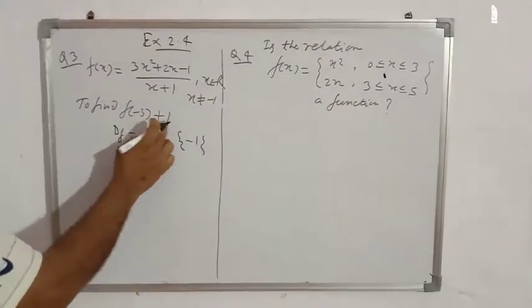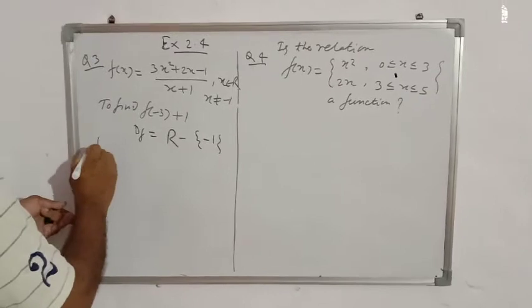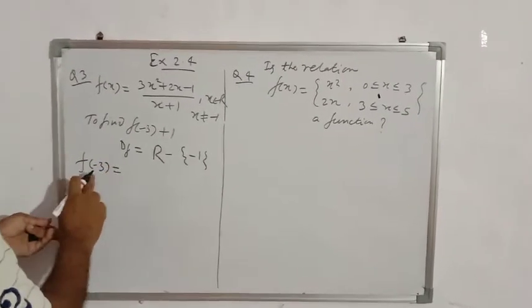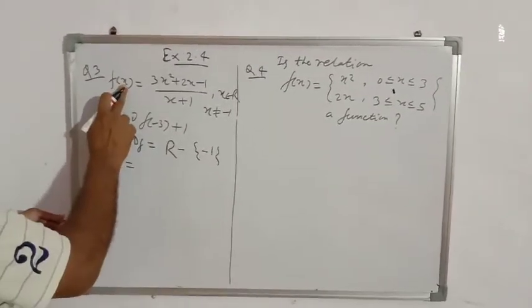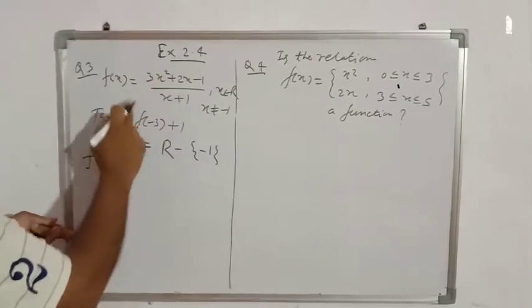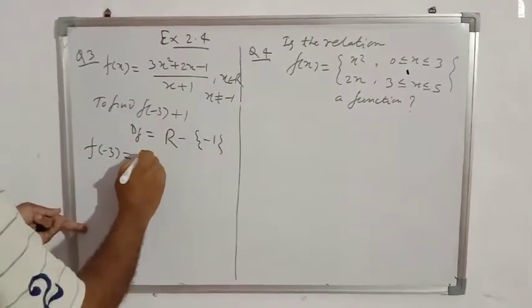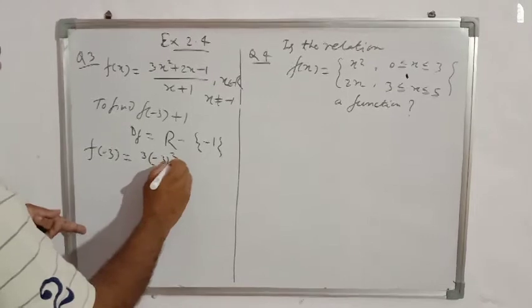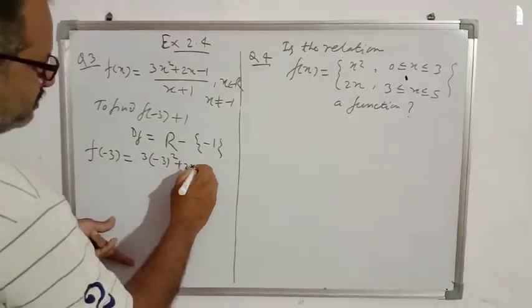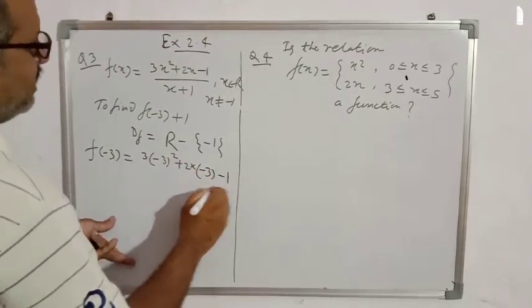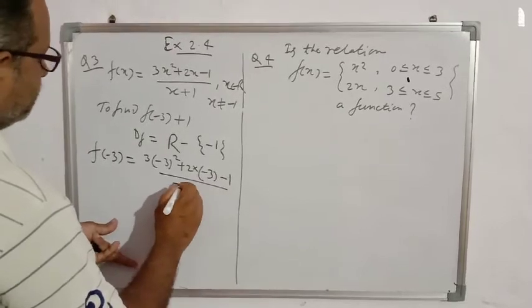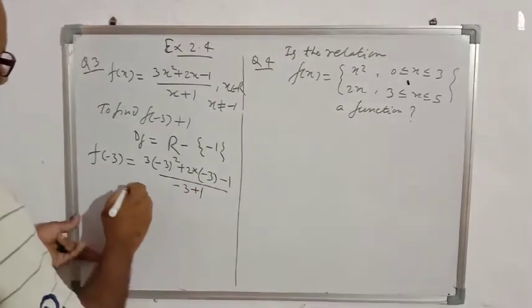Now we have to find f(-3) plus 1. So firstly find f(-3). How will we find f(-3)? In place of x we will put -3. So f(-3) equals 3 into (-3) square plus 2 into -3 minus 1, upon -3 plus 1.